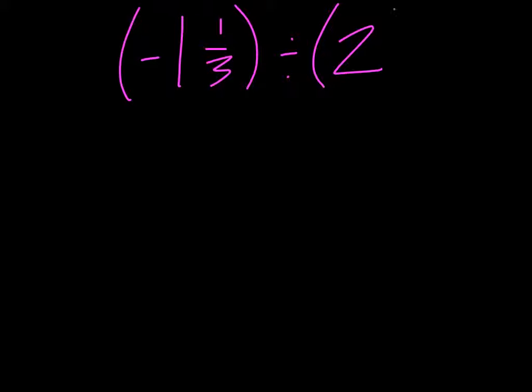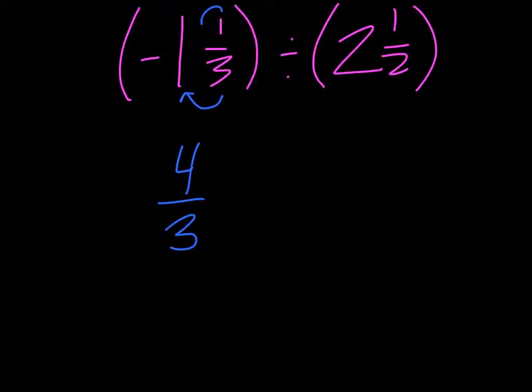So let's try a mixed number one with negatives. Let's do negative 1 1/3 divided by 2 1/2. So we have to change to improper fractions. So we do 3 times 1 plus 1 is 4/3. Divided by 2 times 2 is 4, plus 1 is 5/2.